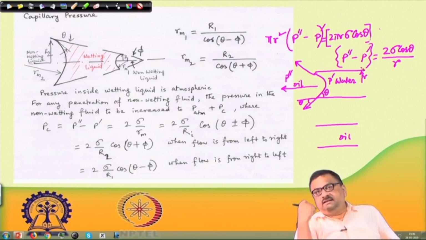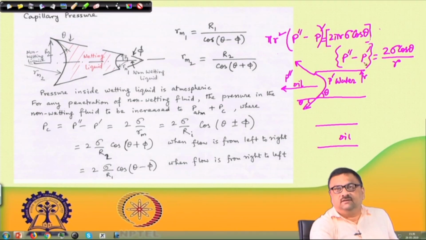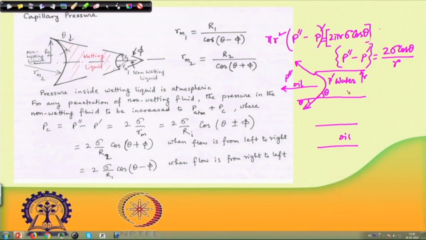Our logic here is that oil will never enter into the water phase unless you provide this difference. So, P prime is 1 atmosphere, outside oil is 1 atmosphere. Let us say I have increased the pressure of oil by a little bit, nothing will happen, there will be no flow.